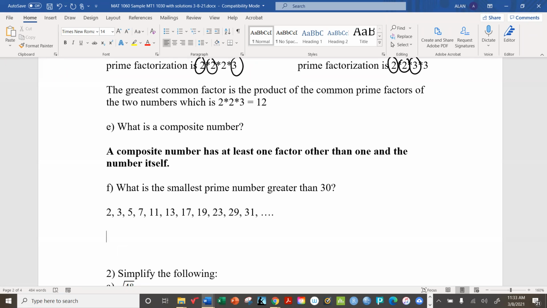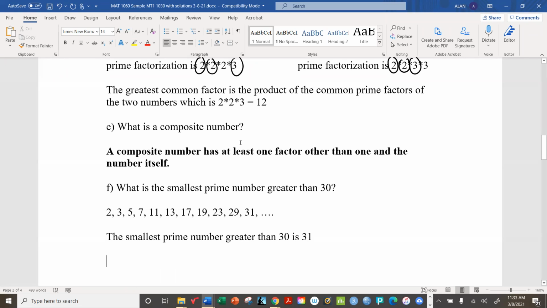Because it says greater than 30. And so you start by testing 31 and you discover that, hey, wait a minute, 31 is prime. So already we're done. The smallest prime number greater than 30 is 31.